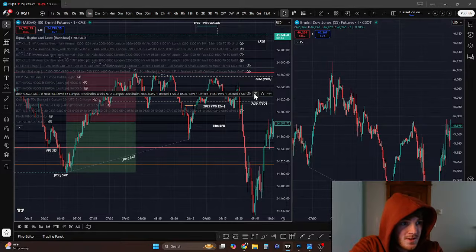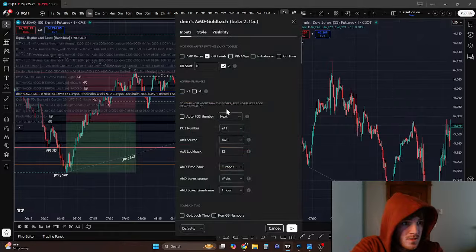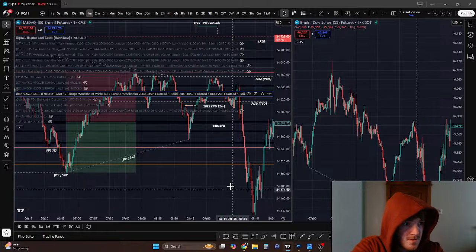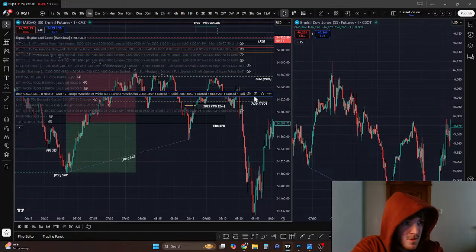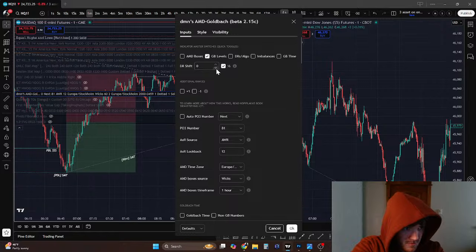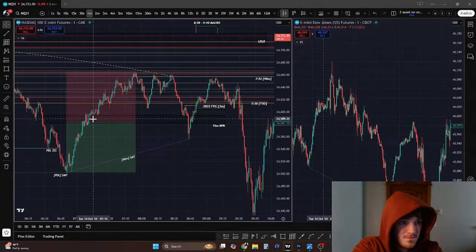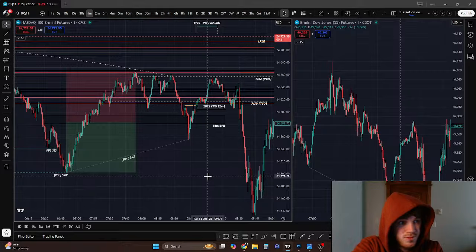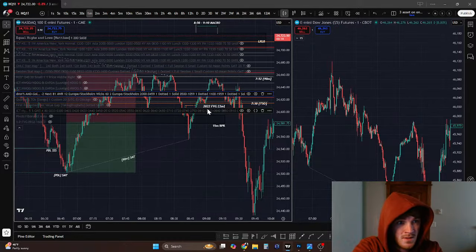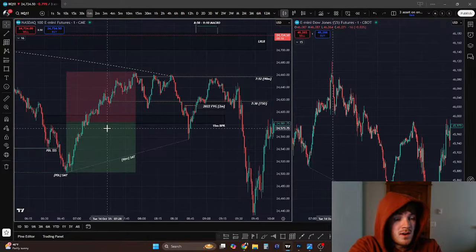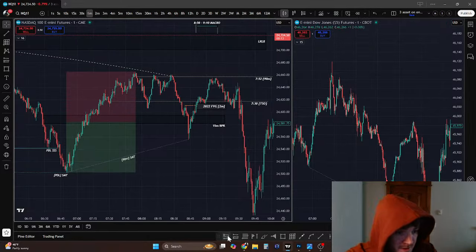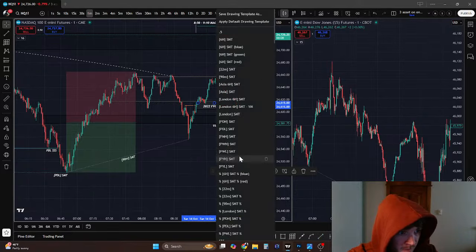I'm curious if we were in a dealing range. Yeah, nothing obvious. Anyway, this was the trade entry as an inducement of this low.